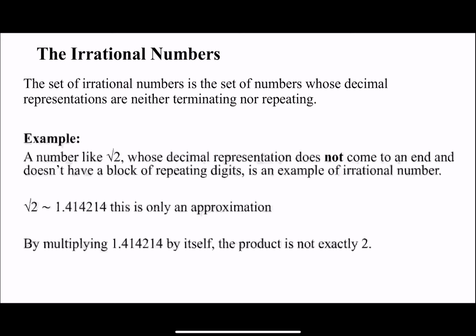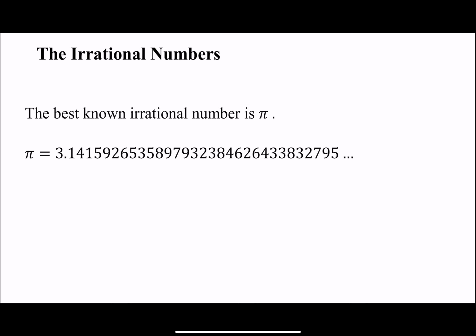Well, for example, if I say the square root of 2 is 1.414214, it's just an approximation because it has a decimal that never ends. Well, the best known irrational number is pi, right?